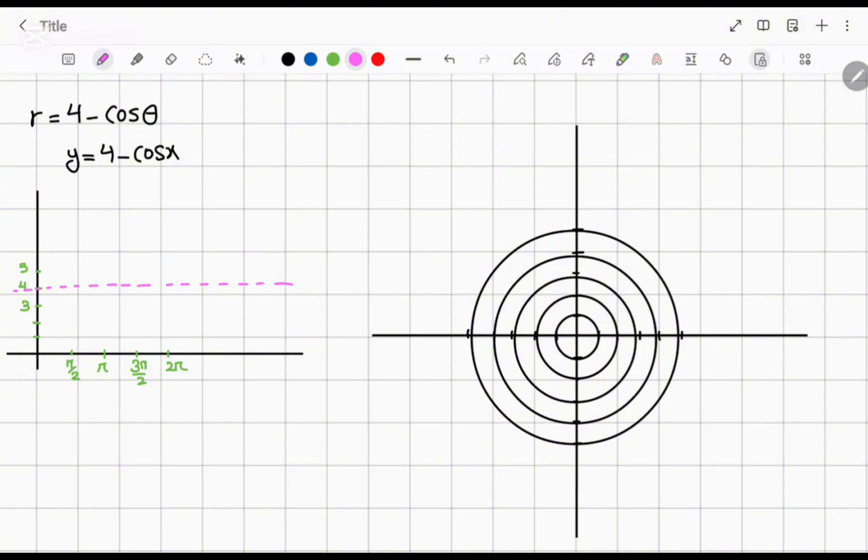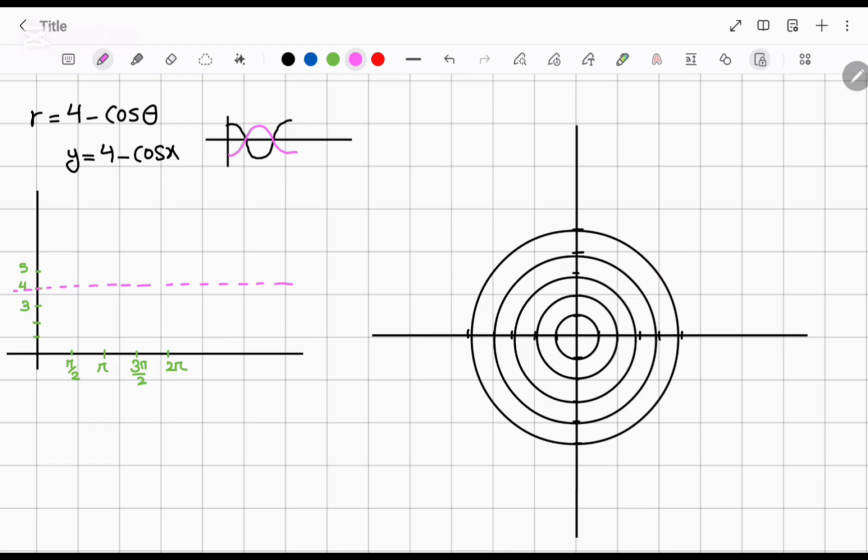If cosine looks like this, when it's getting multiplied by a minus, it's going to get reflected over the x-axis, and it's going to look like this.